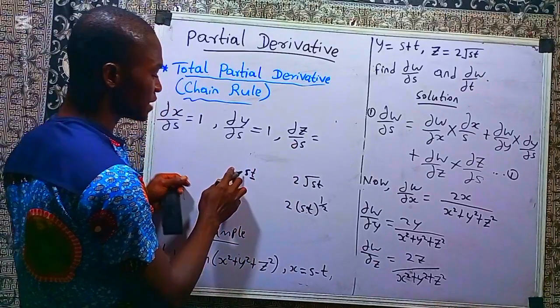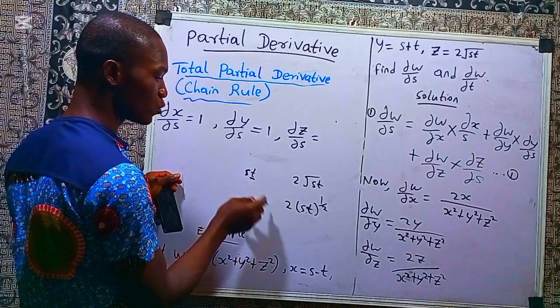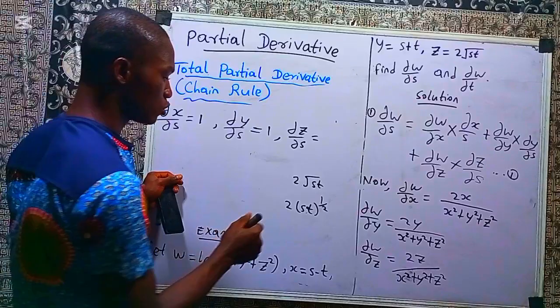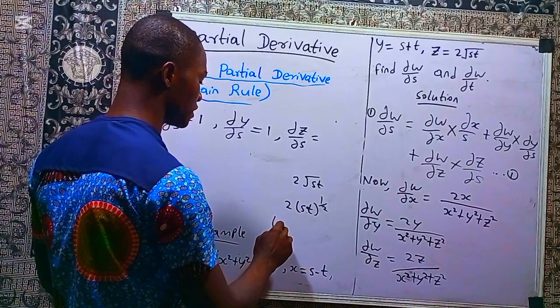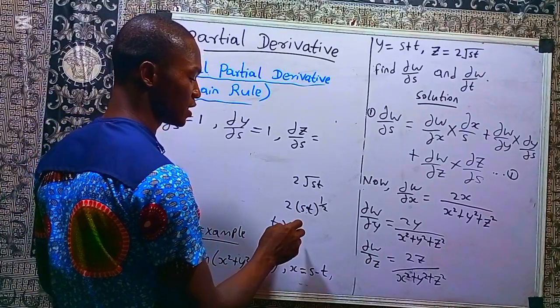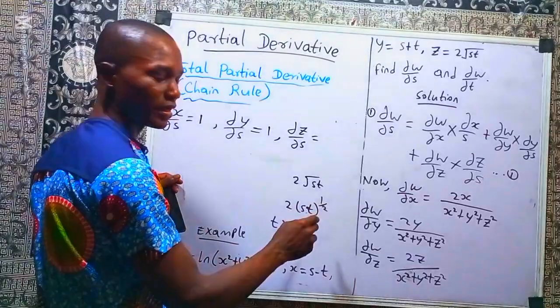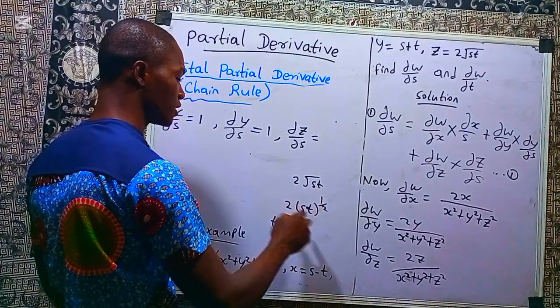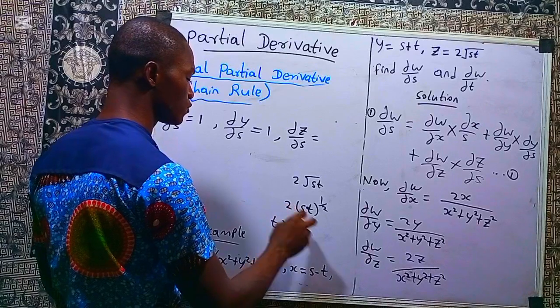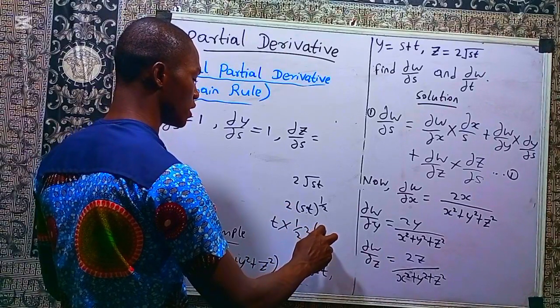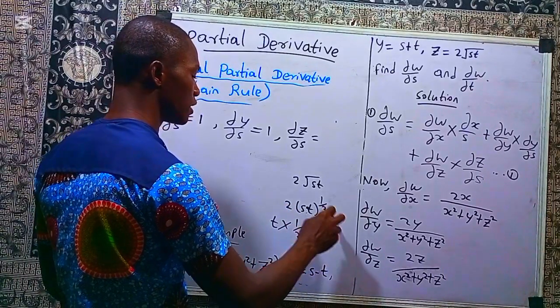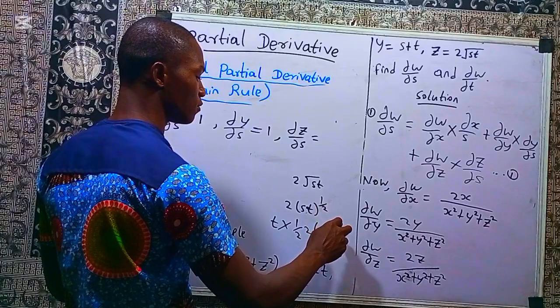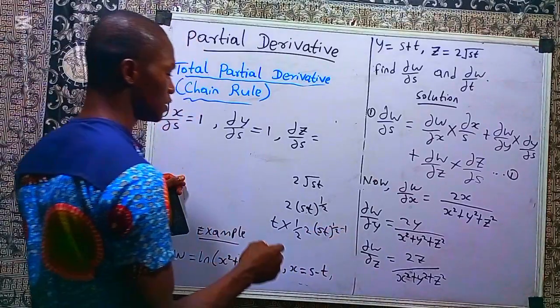So if you differentiate st with respect to s, you get t. So you now have t, multiplied by the differentiation of the bracket. What's the index of the bracket? Half. You bring it down. So 1 over 2, we have 2 before here, 2 into st raised to power half minus 1.